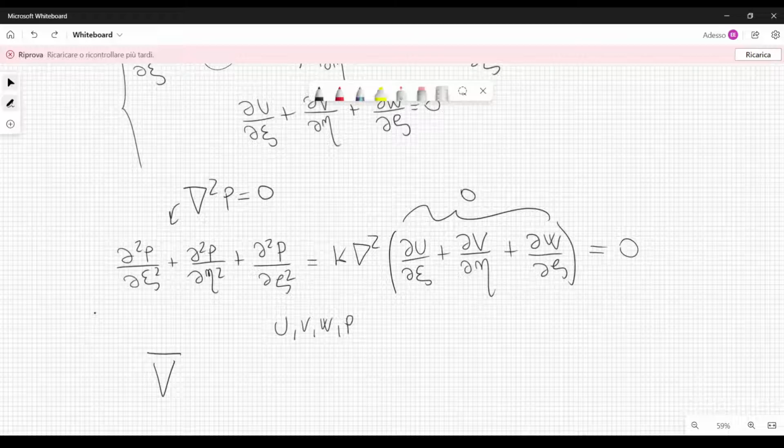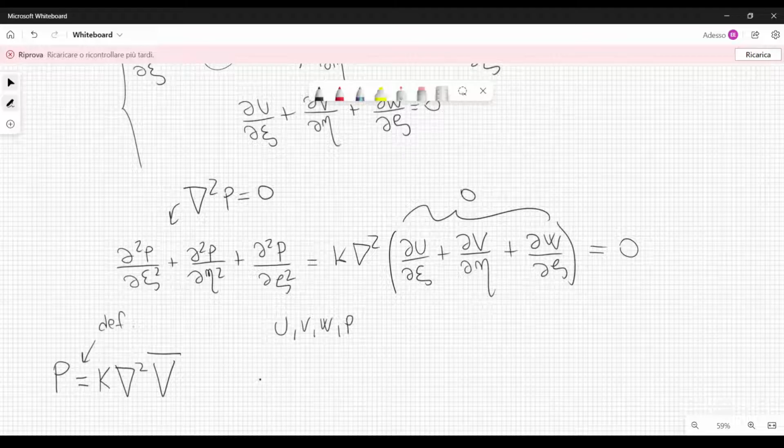V bar is defined such that its Laplacian multiplied by the constant k, the viscosity, is equal to the pressure. This is a definition. We have defined a function V bar such that this is the relation between p and V bar.